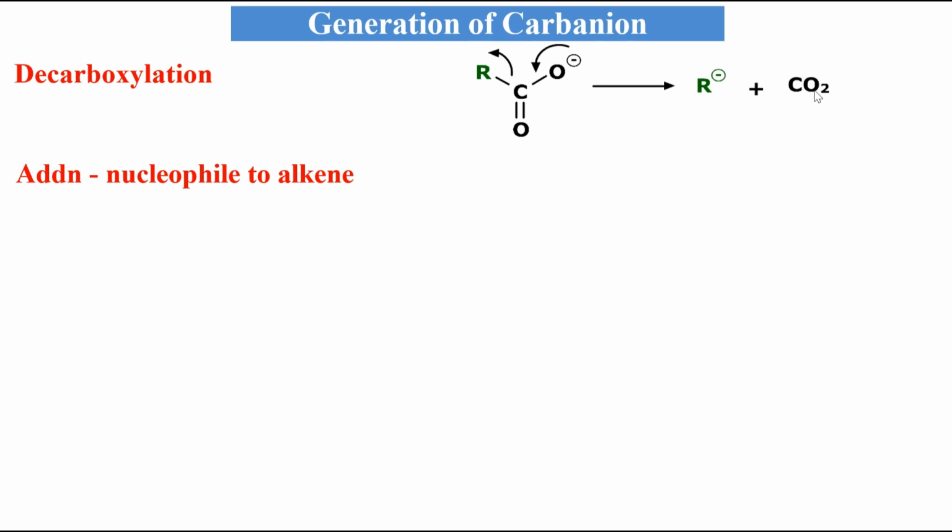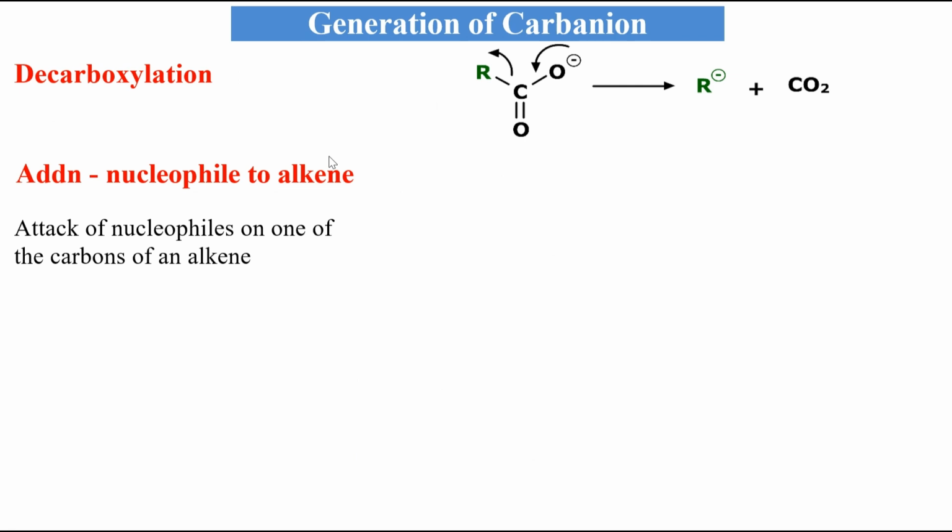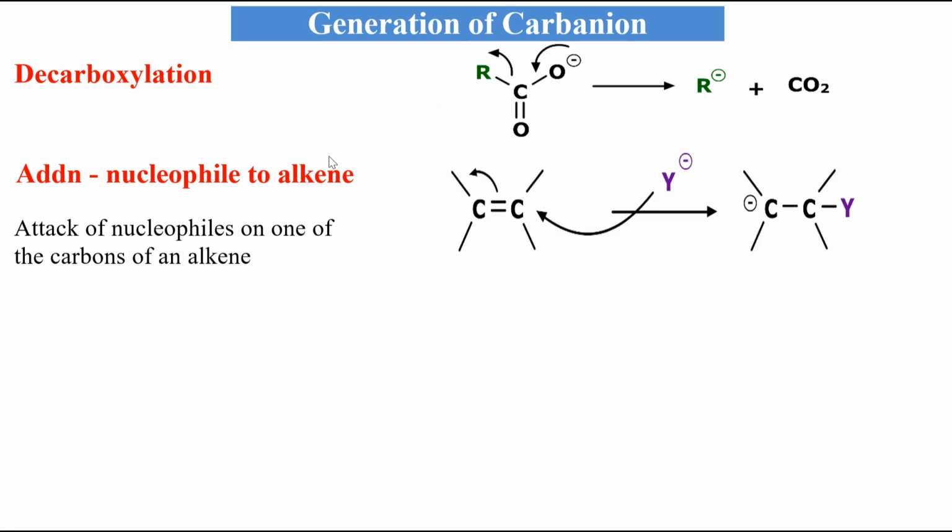Another method of production of carbanion is adding a nucleophile to an alkene. Attack of nucleophiles to one of the carbons gives rise to carbanion.